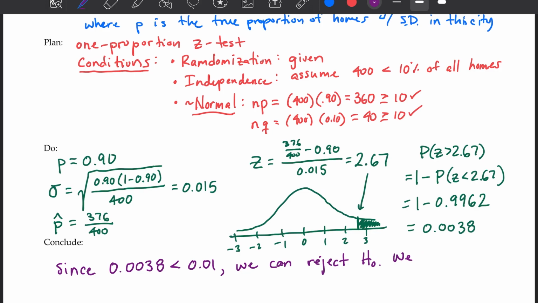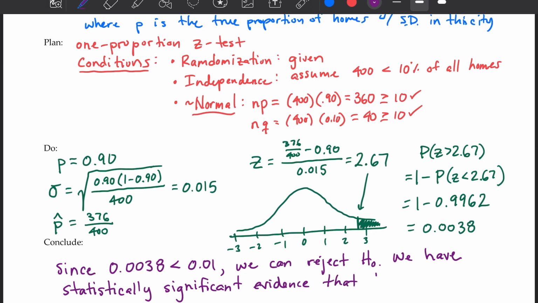We have statistically significant evidence that the city has more than 90% of its homes with smoke detectors.